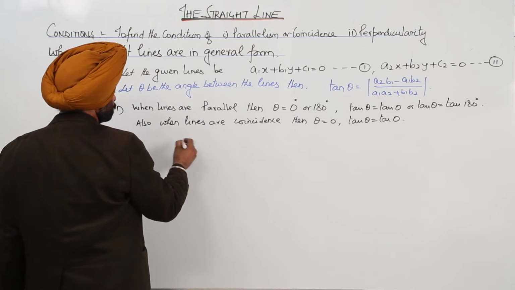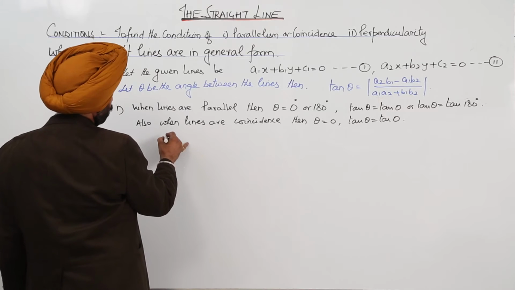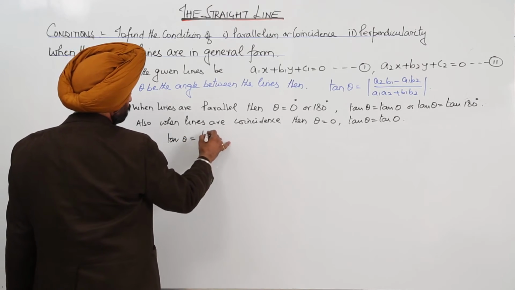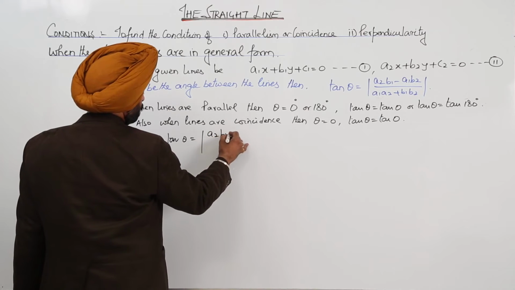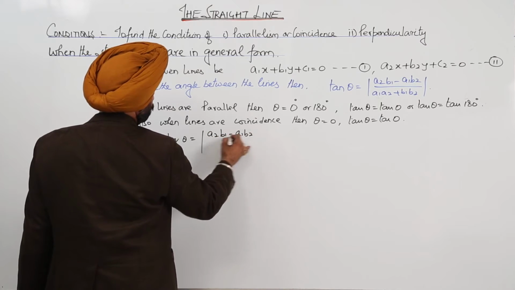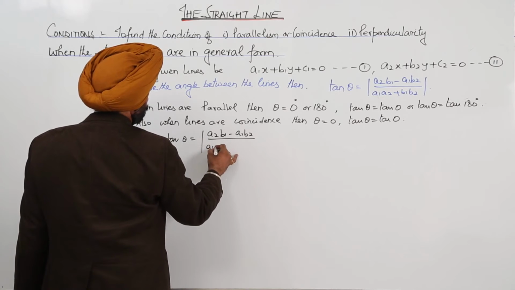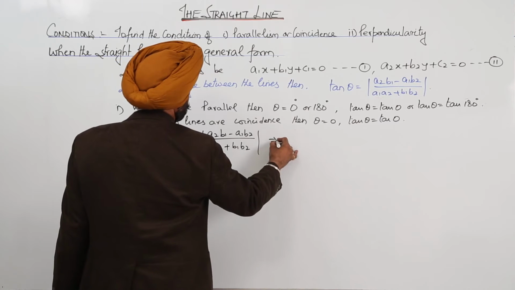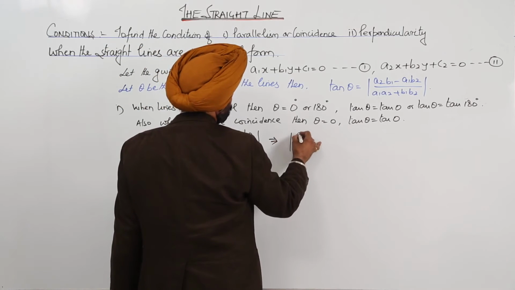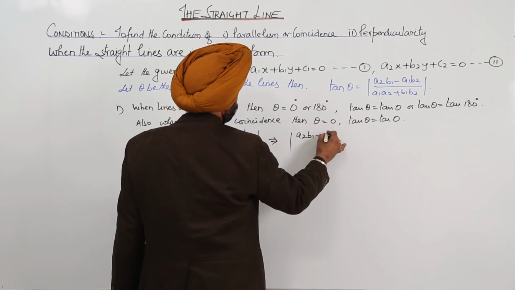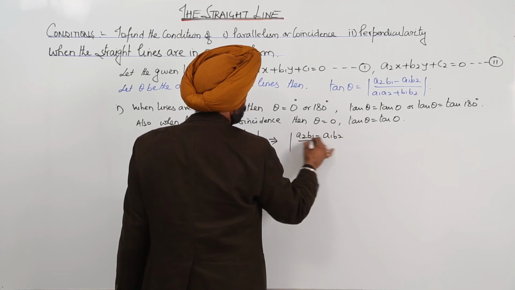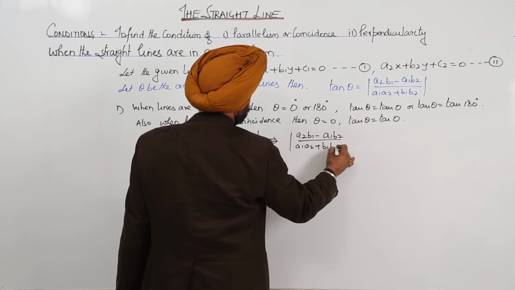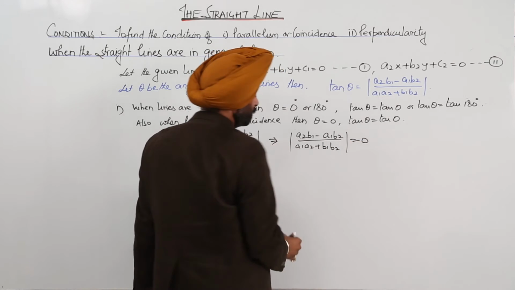Now here we are having tan theta is equal to a2b1 minus a1b2 upon a1a2 plus b1b2. Now this becomes a2b1 minus a1b2 upon a1a2 plus b1b2 is equal to 0.